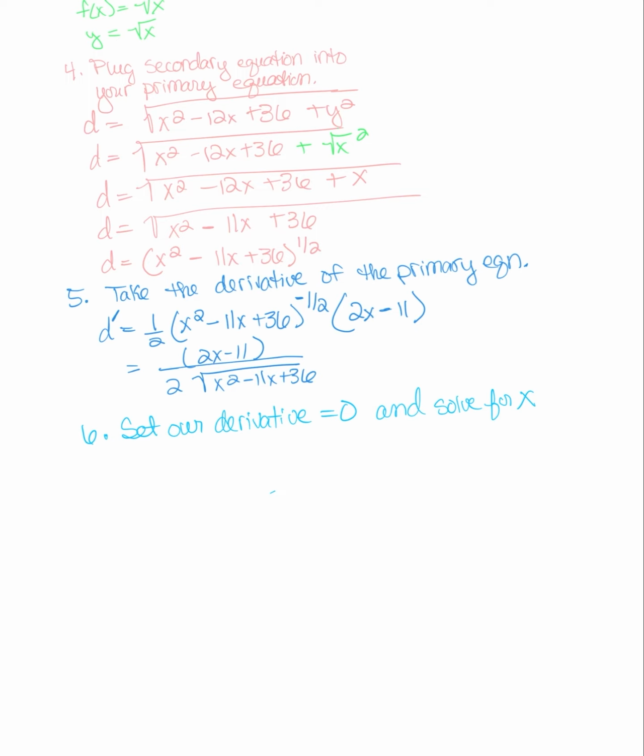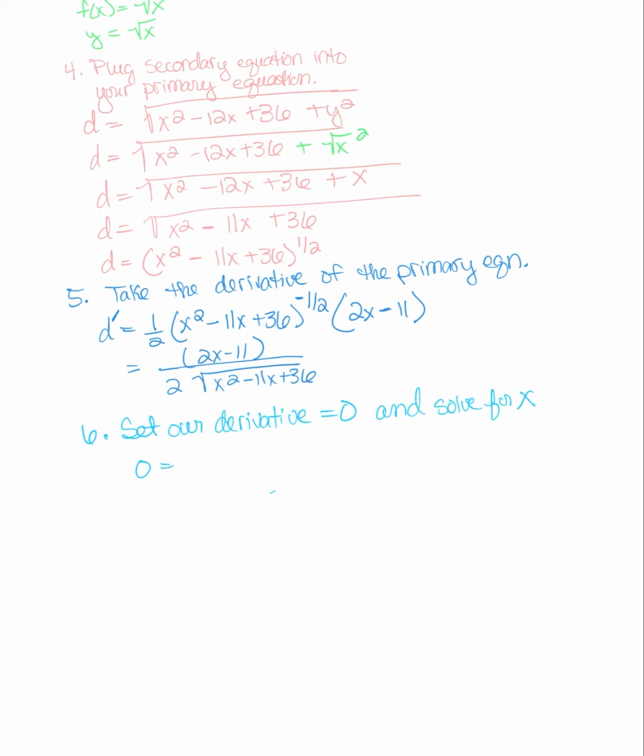Okay, so what you want to do is the only thing that can make this derivative equal 0 is the top. This 2 is never going to be a 0. This is never going to be a 0 because it's plus 36. But anyways, you always just want to, for these, focus on the top. Technically, it's where your derivative is also undefined, but we don't need to worry about that for this. So you just want to make sure that your numerator is equal to 0.